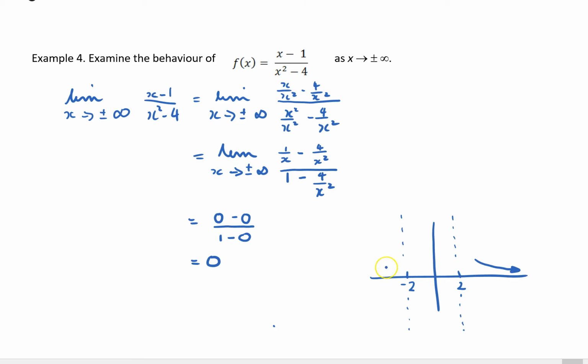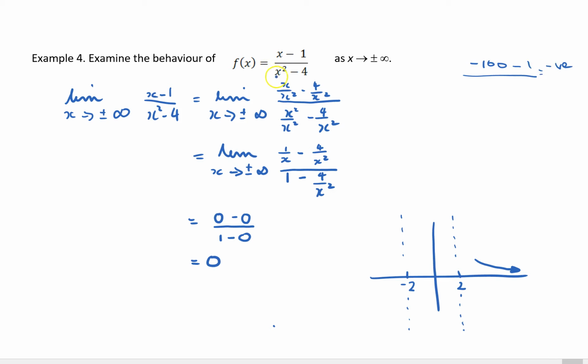Now, you can see there I've actually drawn this going off to 0, and I think on this side it goes off to positive values. Let me just check that. I'm actually wrong about that. If we were to look at, for example, x at negative 100, we'd have negative 100 minus 1, which is obviously a negative.